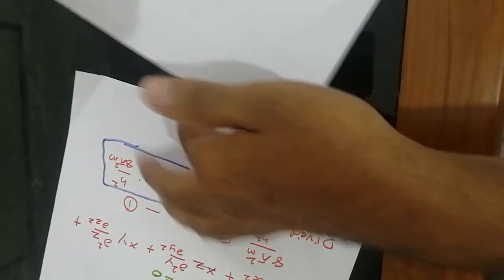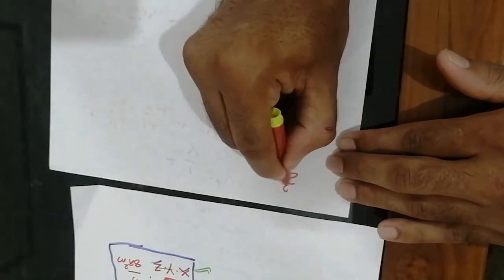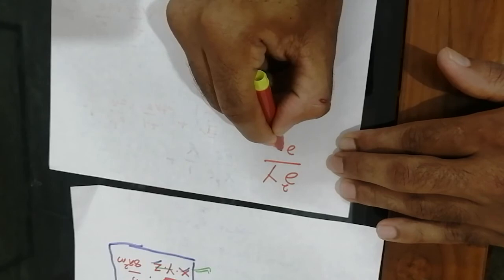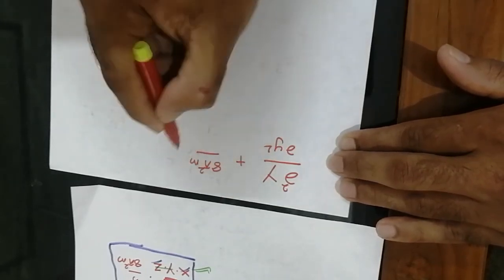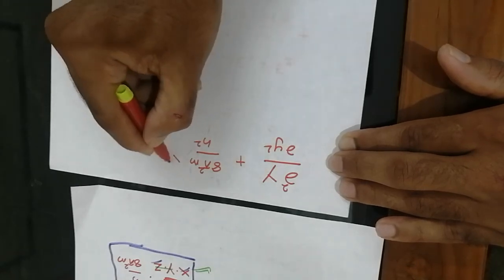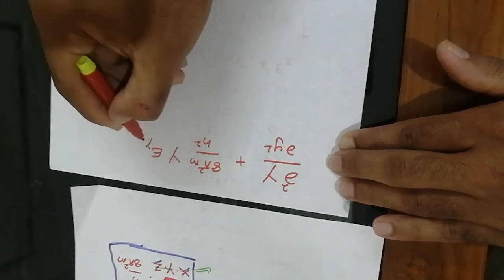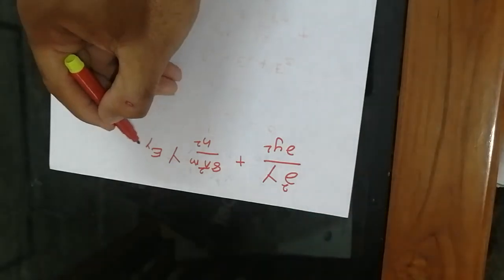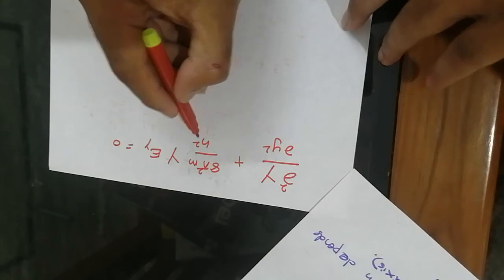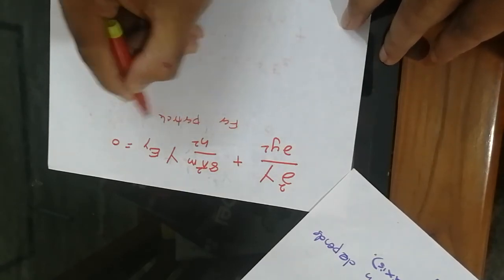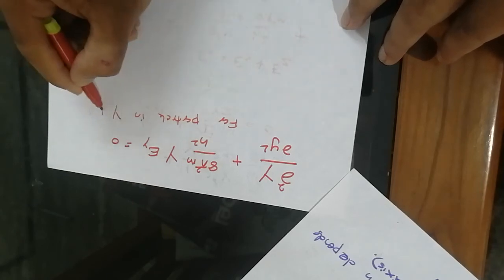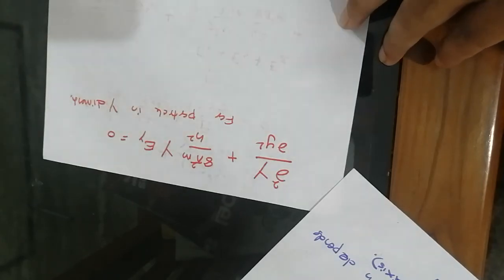Similarly, Schrödinger equation for particle in y dimension is dou square y by dou y square plus 8 pi square m by h square y ey is equal to 0. This is the Schrödinger equation for particle in y dimension.